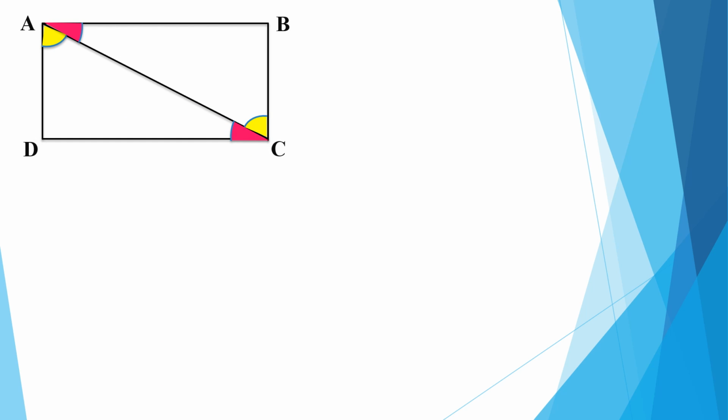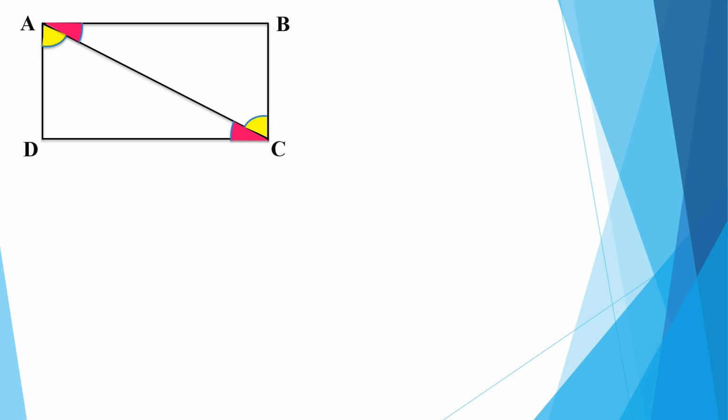Number 3. The triangle ABC and the triangle CDA. Here measure of angle BAC equals the measure of angle DCA, and measure of angle BCA equals measure of angle DAC, and AC is the common side.